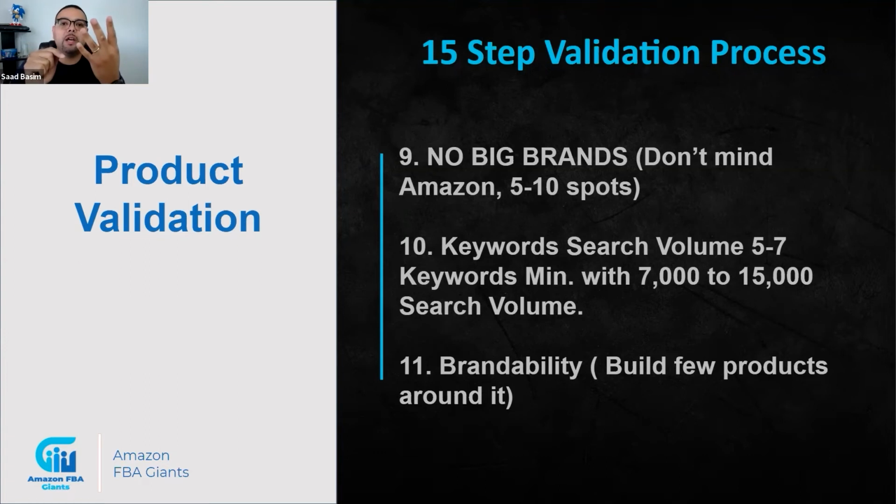Why am I doing this? Because I know I still have 6 to 10 other ideas that I want to launch. In the brand that I'm building, I can target kids and toddlers, then I can target teenagers, and then I can target adults.